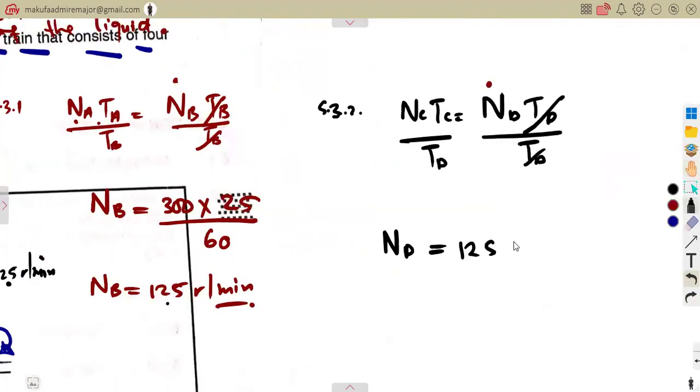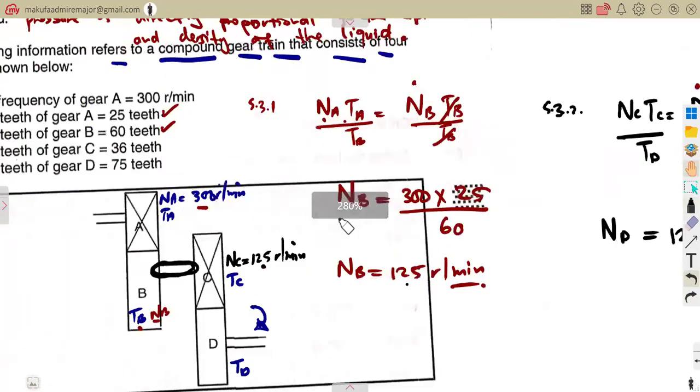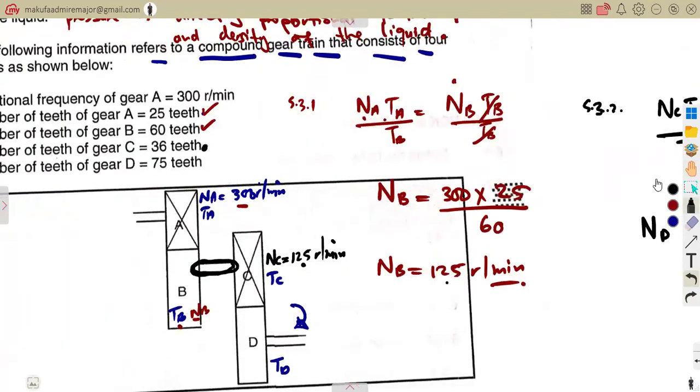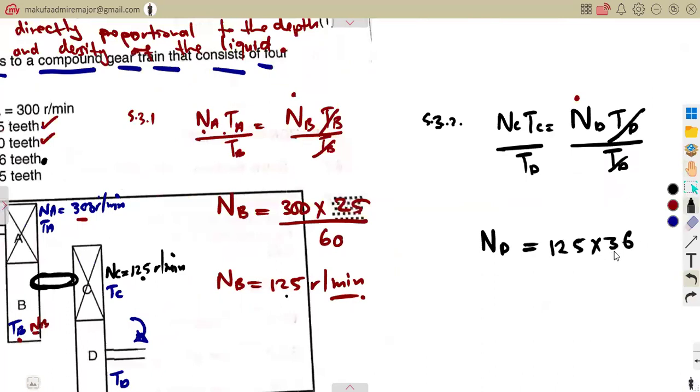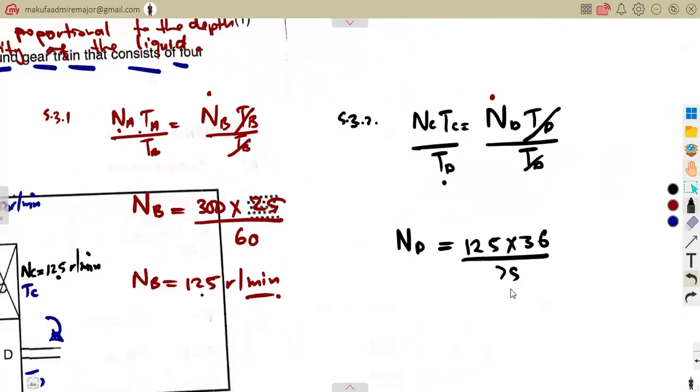So that's 125 times the number of teeth, which is at C. At C, how many teeth do we have? That's 36. So you're going to multiply by 36 over that at D. And at D, we have got 75 teeth. That means we're going to divide by 75. So that's it.